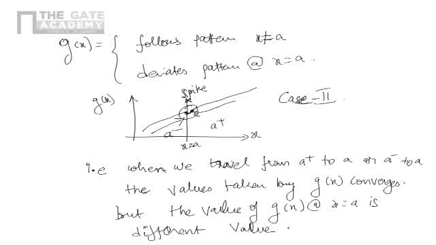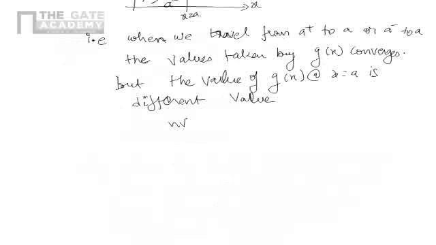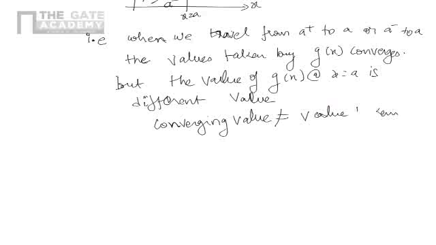That is, the convergent value is not equal to the value taken by f of x at x equal to a.